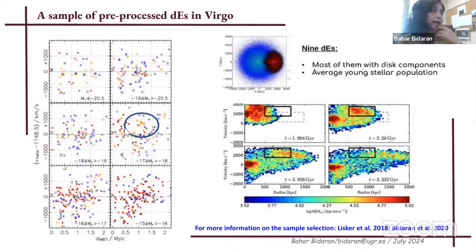And they found out that in this particular bin between -17 and -18, there is this suspicious grouping of galaxies, 9 galaxies in this particular zone of the phase space diagram. And this accumulation, this gathering means that all of these galaxies have the same distance and the same velocity inside the Virgo cluster. And this was suspicious.